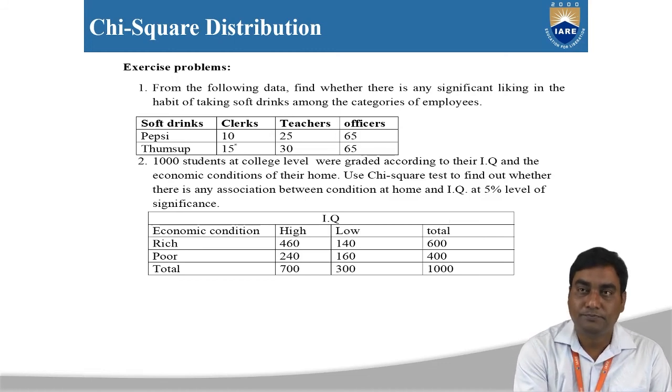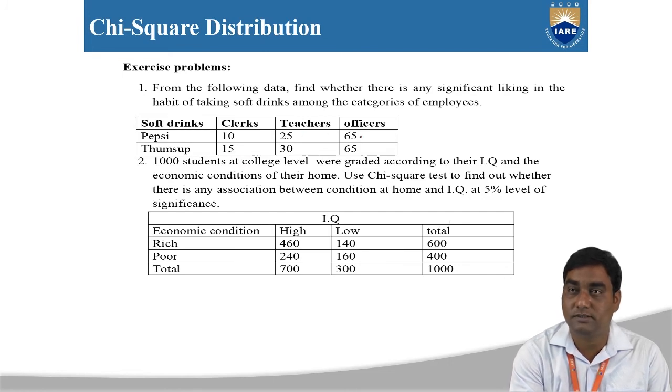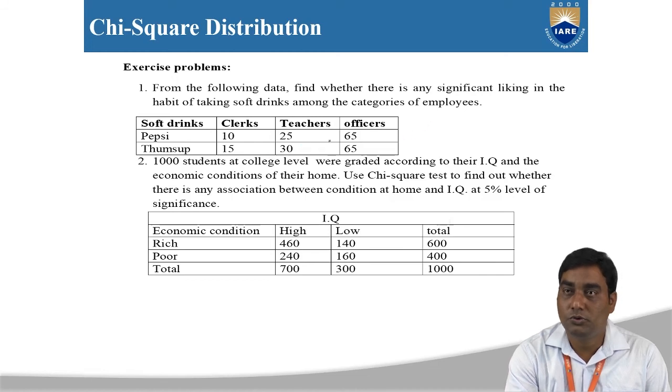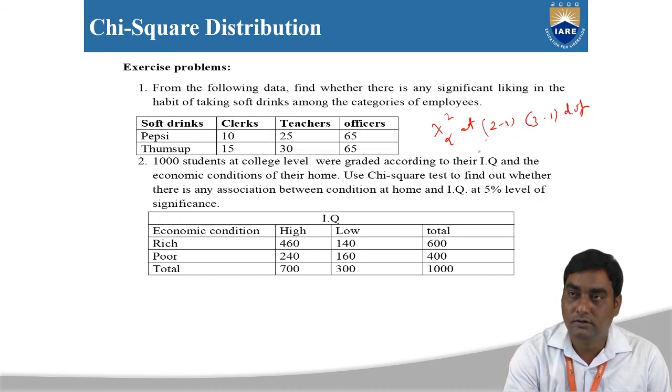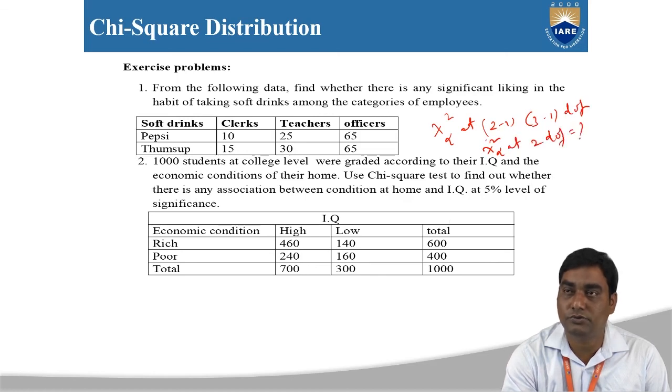Here also it is the same: 2 rows and 3 columns. Total values are not given, even though we can do it with 2 rows, clerks, Pepsi, thumbs up, and clerks, teachers, officers. So 2 rows, 3 columns. We can find chi-square alpha at (2 minus 1) into (3 minus 1) degrees of freedom, that means chi-square alpha at 1 into 2 degrees of freedom, which we can choose from the chi-square distribution table.